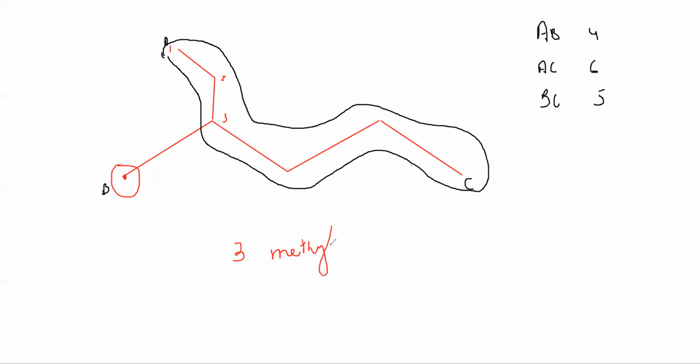So it is 3-methyl. 1, 2, 3, 4, 5, 6. For 6, it is hex and single bond: ane. So this compound is 3-methylhexane. Is it clear? This is the structure. 3-methylhexane.